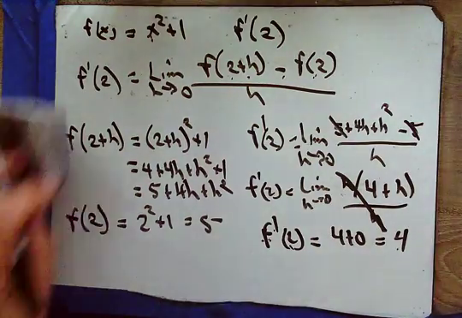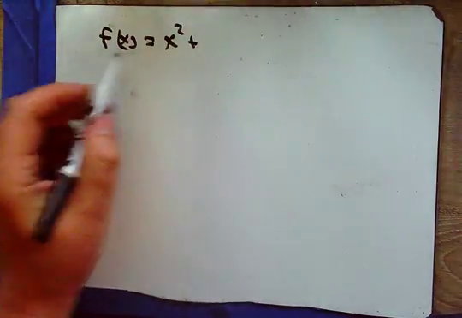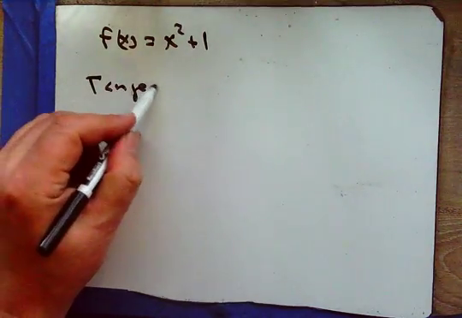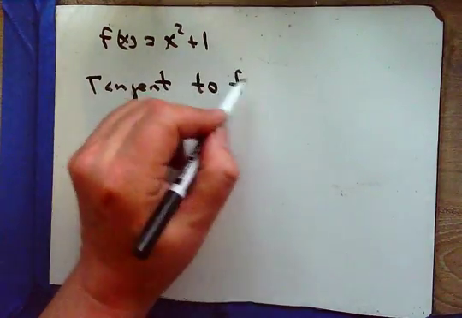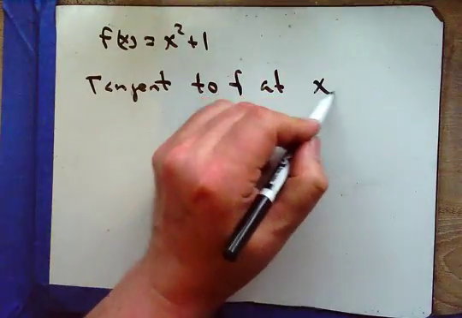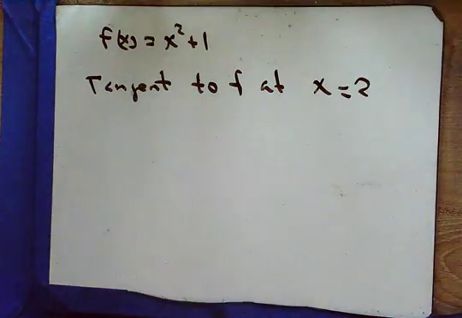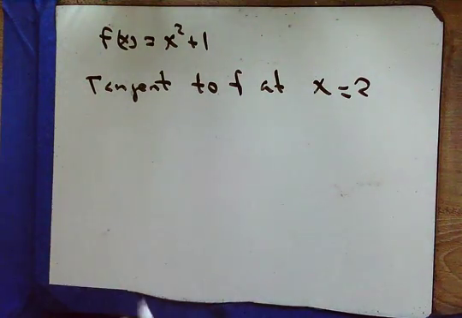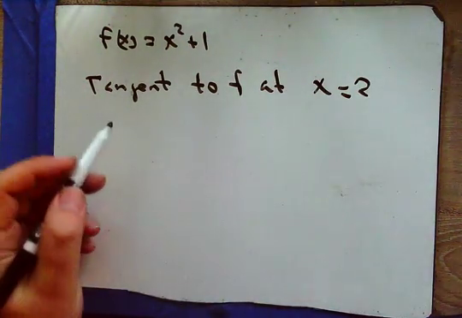Excellent. What's next? How about the same f of x, x squared plus 1, but this time you write the tangent to f at x equals 2. Why don't you pause the video and make sure you're comfortable doing that.